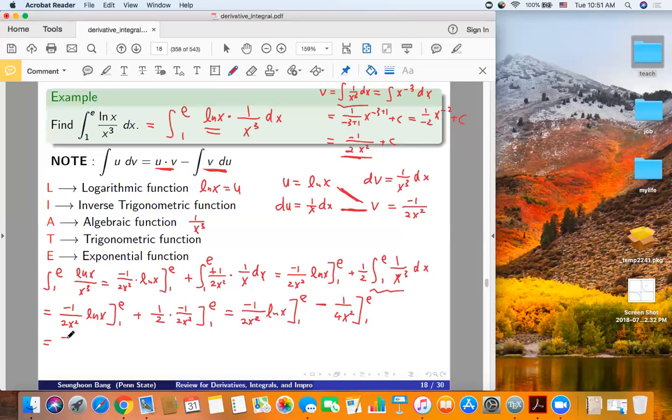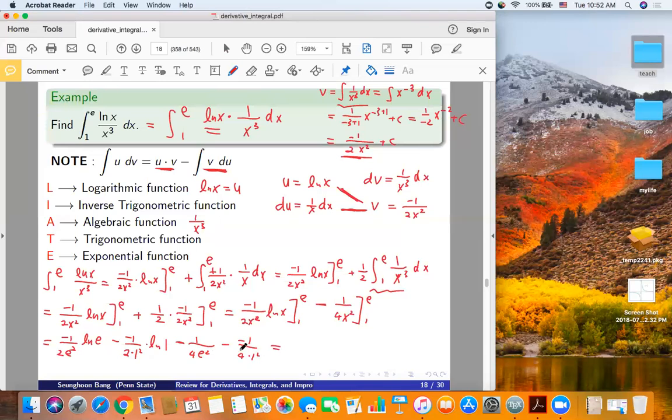The first one is minus 1 over 2 times e squared ln of e, minus negative 1 over 2 times 1 squared times ln of 1, then minus 1 over 4 times e squared, minus negative 1 over 4 times 1 squared.